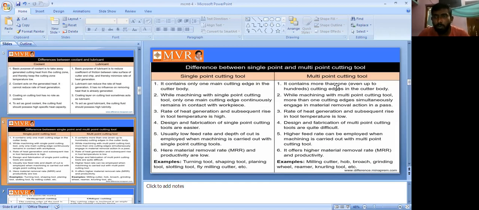A multi-point cutting tool contains more than one, even up to 100, cutting edges in the cutter body. That is how we identify a multi-point cutting tool.